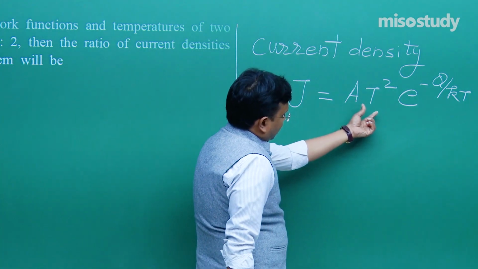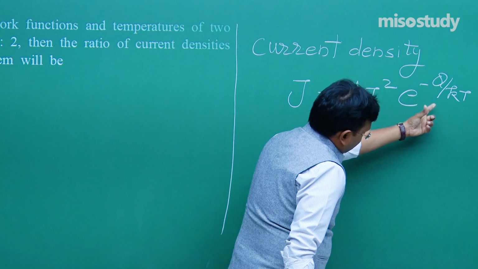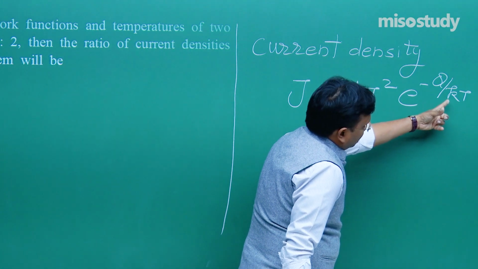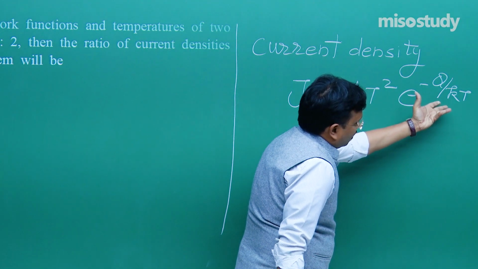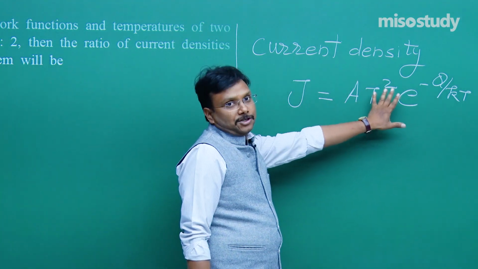Now this T is temperature, A is area, this is phi, and this k is the Boltzmann constant. So this is the general relation.